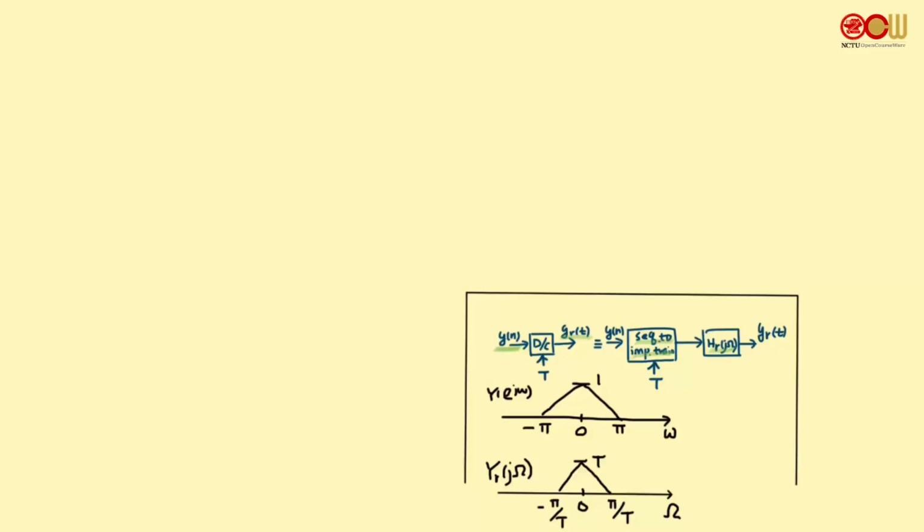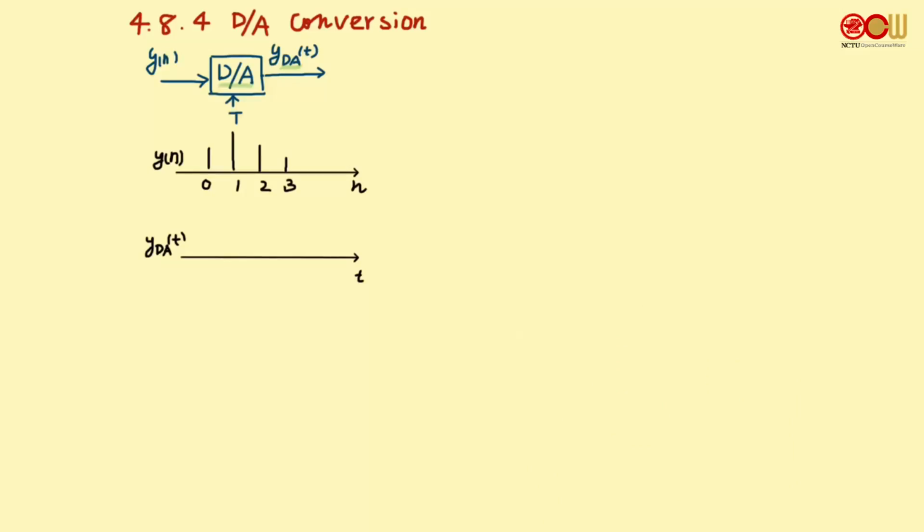Now let's talk about a more practical D2A converter. A more practical D2A converter converts a discrete time sequence y[n] to a continuous time signal y_DA.